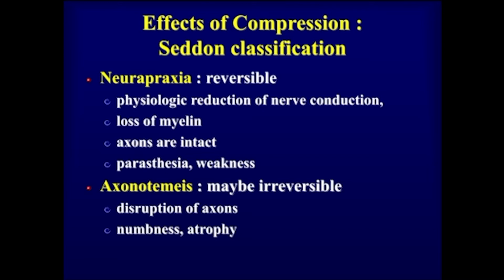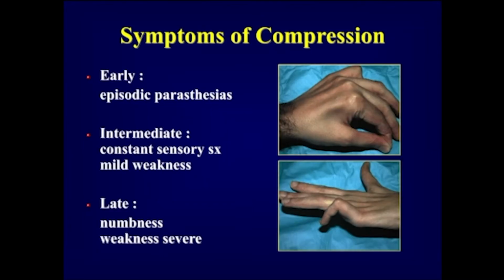These patients present with paresthesias and some weakness. An axonotmesis is a much more serious effect of compression, and in this situation, the axons are actually disrupted. These patients, rather than complaining of paresthesias, have true numbness, and rather than having weakness, have visible atrophy.